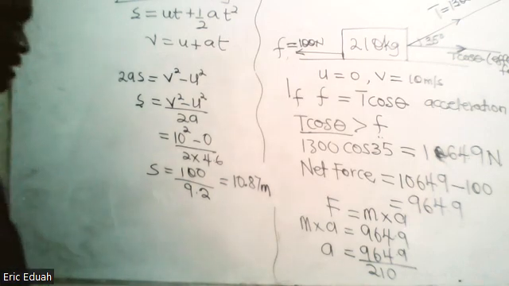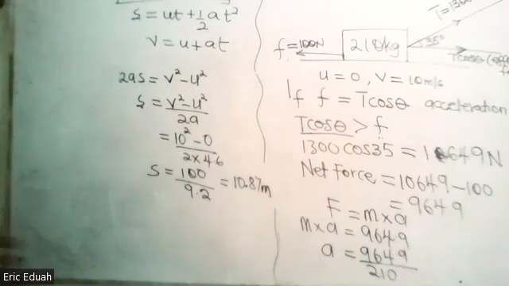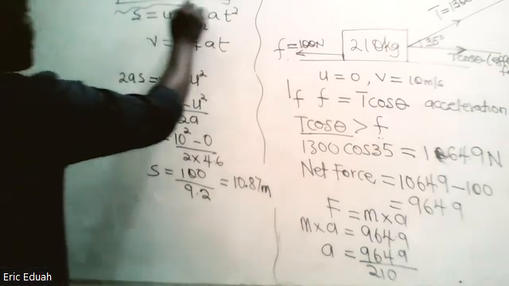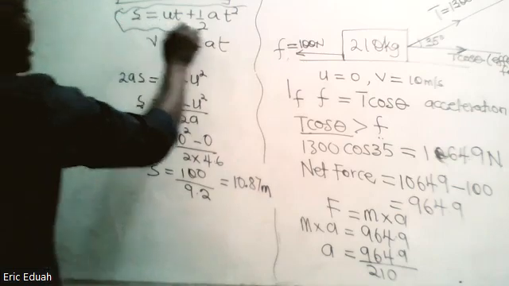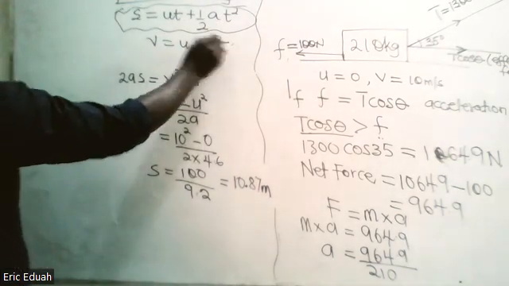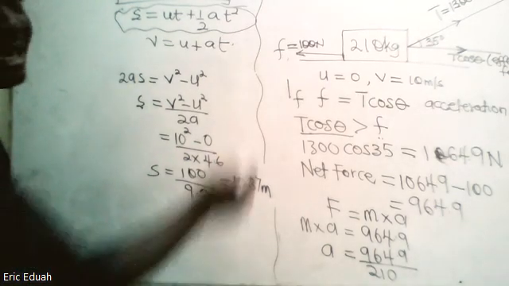Please, are we fine? Yes, please. As I said, we can also use the other equation of motion. But before we can use this, we have to know the time. So using equation 1, we can find the time.